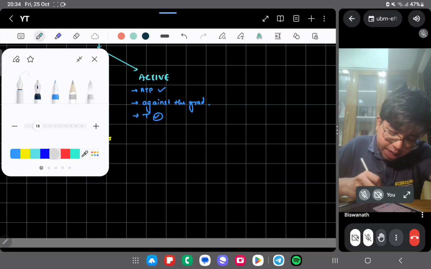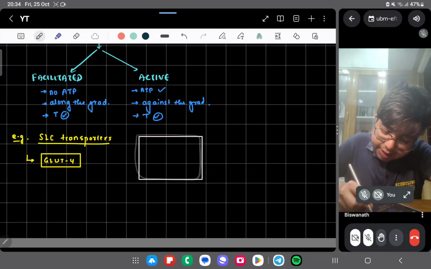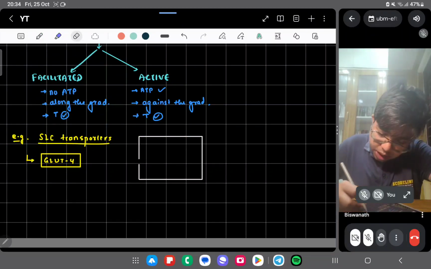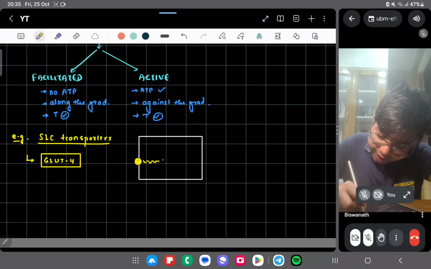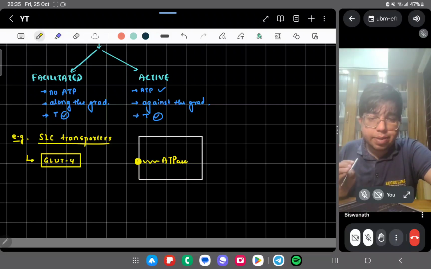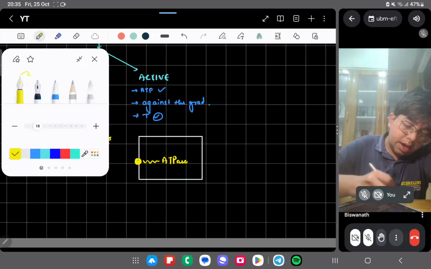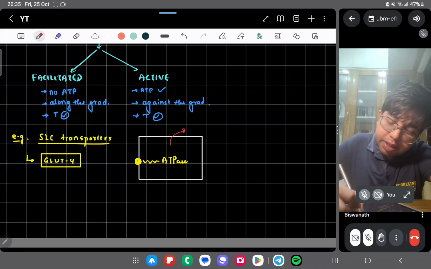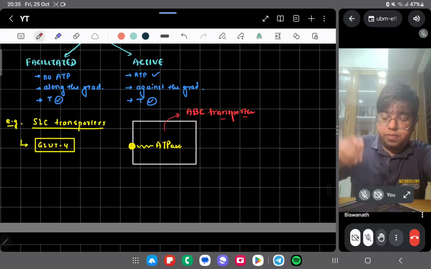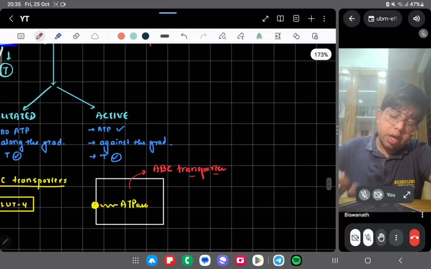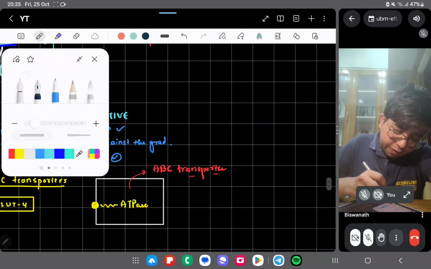We have a cell like this, and this ABC transporter is like this, with a tail, and attached to this is an ATPase enzyme. This type of transporter is called the ABC transporter, right?